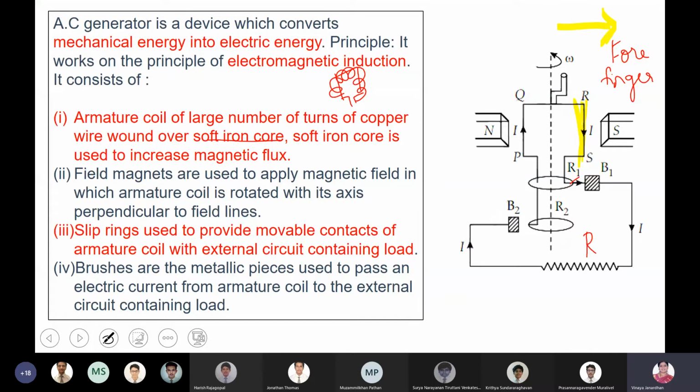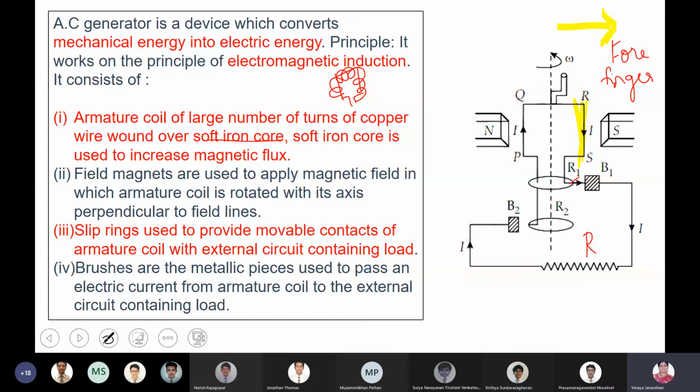Now look in which direction the coil is rotating. The coil is rotating in the anti-clockwise direction, which means RS is moving inward, PQ is moving outward. So when RS is moving inward, your forefinger is pointing in the direction of the magnetic field. Your thumb of your right hand should be pointing into the plane of your monitor, boys.